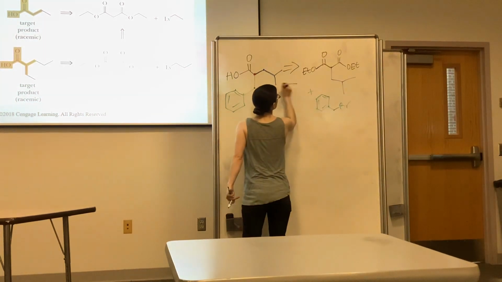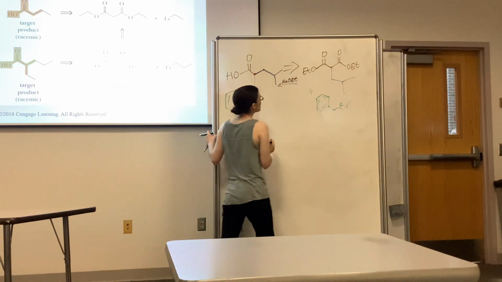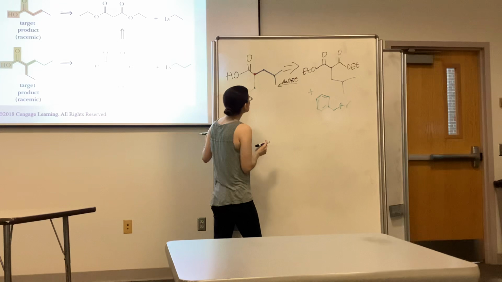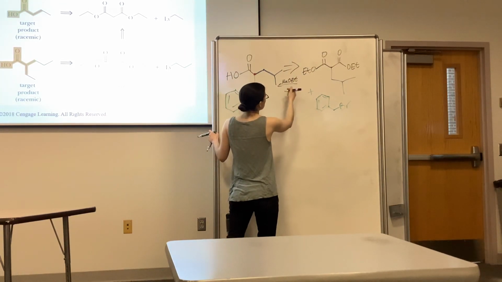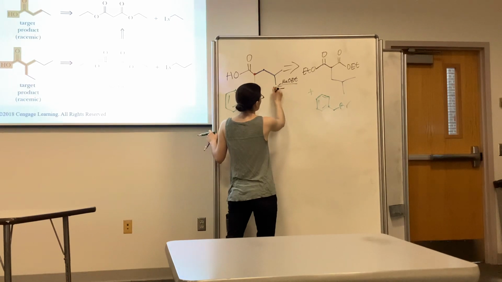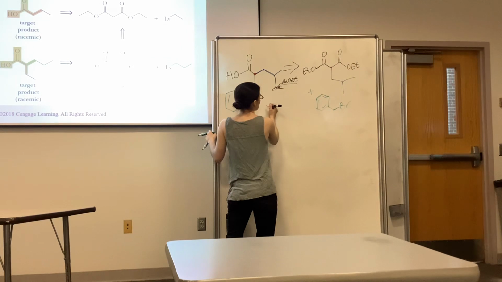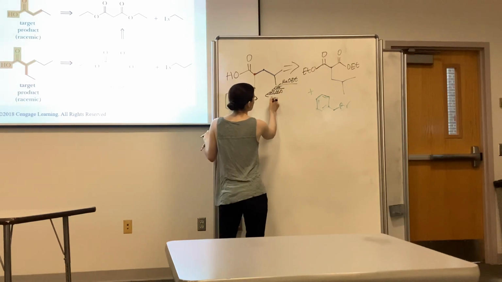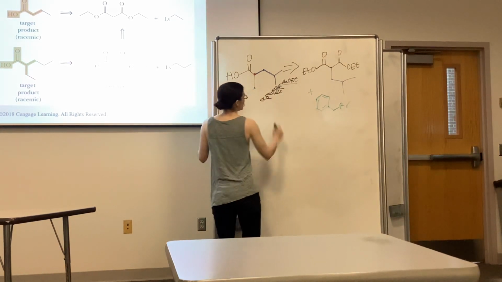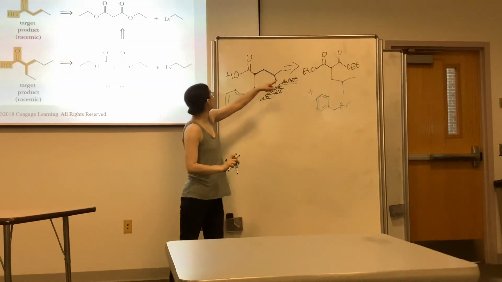That would be NaOEt, right? Basically that's it. That would be a step, NaOEt, and then you'd have another step, OH minus, for saponification, and then you'd have another step, HCl, H2O, and then heat, right? Because those are the add and then get rid of.